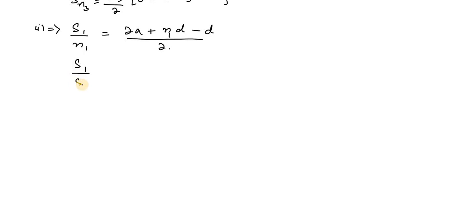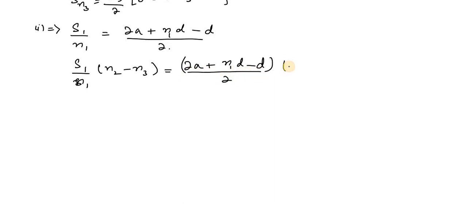We multiply both sides with N2 minus N3, so S1 upon N1 times (N2 minus N3) is equal to (2a plus N1 D minus D) upon 2 into (N2 minus N3). This we say is our equation number 4.